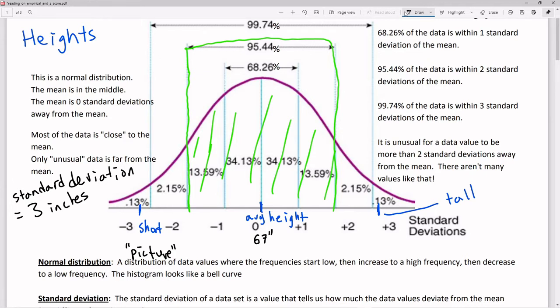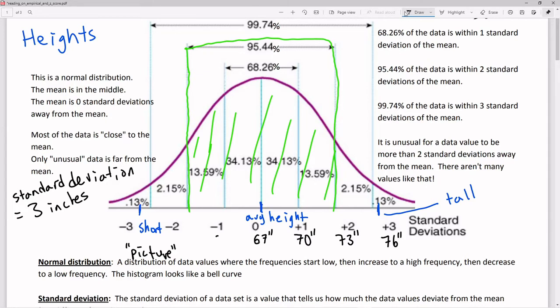The +1 means go up 1 standard deviation. The +2 means go up 2 standard deviations. The +3, keep going.